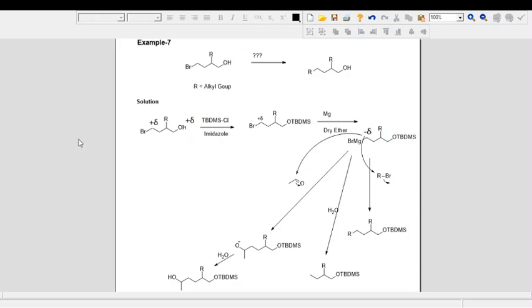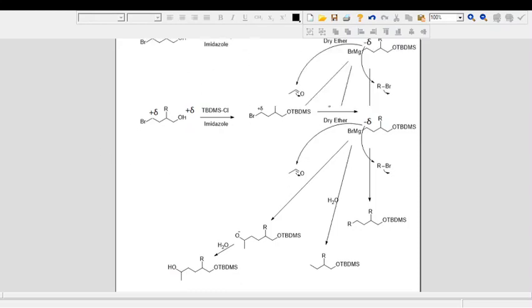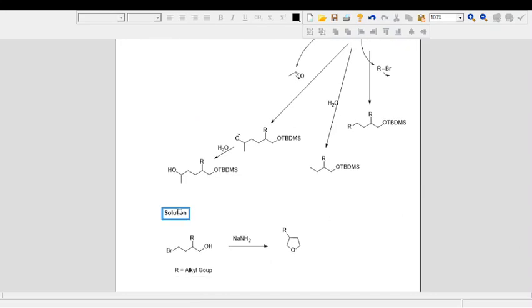And in the final step, you would be going towards the deprotection of these TBDMS groups, and we are well aware that these TBDMS groups are deprotected in the presence of tetrabutylammonium fluoride.